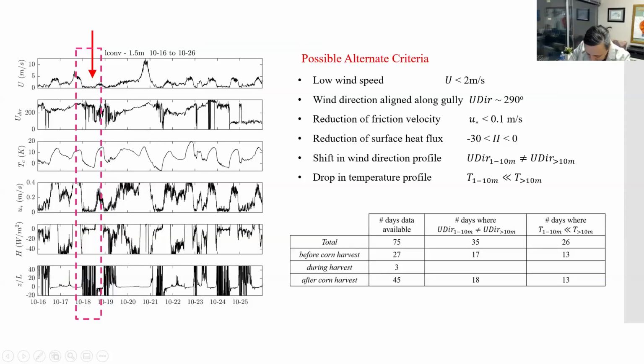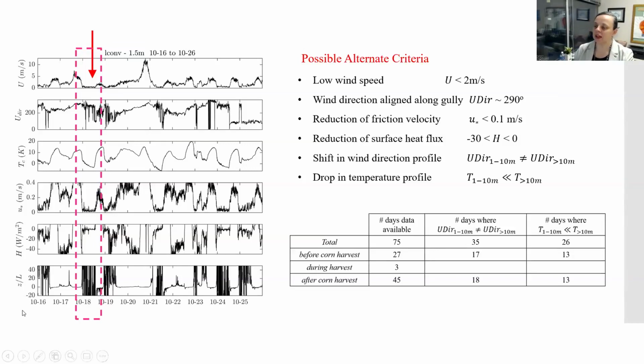So while the change in wind speed criteria seems like a very logical way to identify when convergent conditions are happening, we also dug into the data set in a slightly different way to look at some alternate criteria.